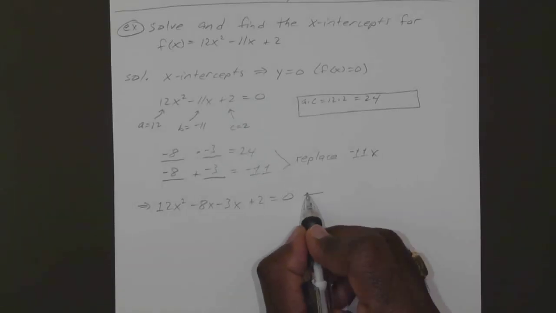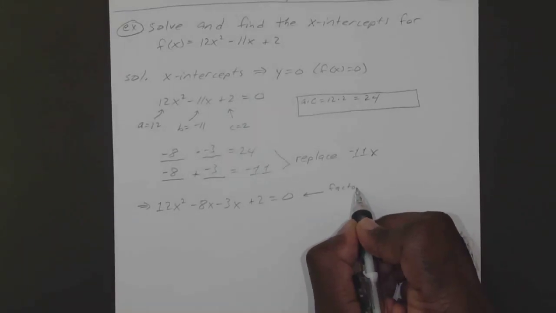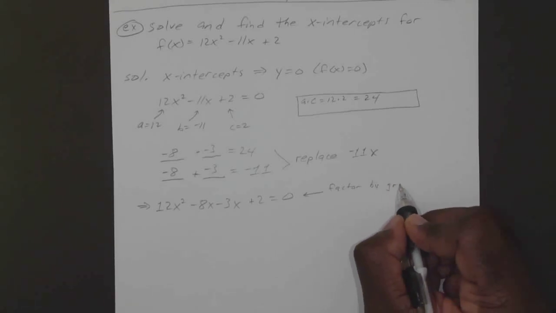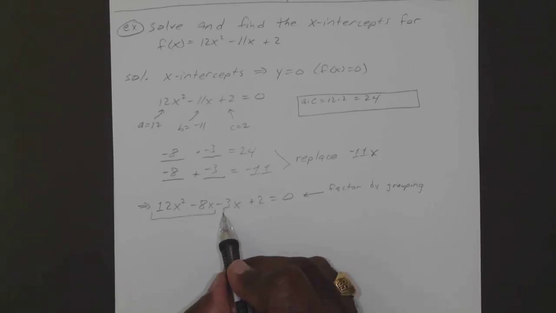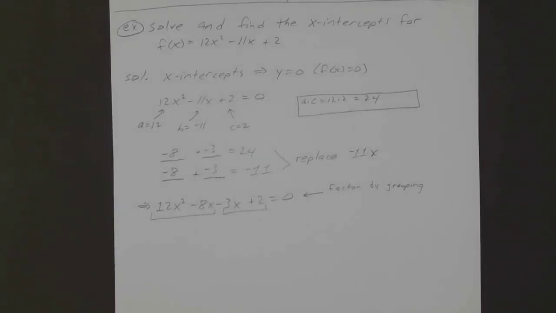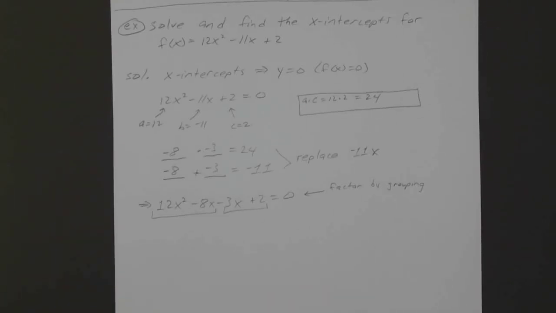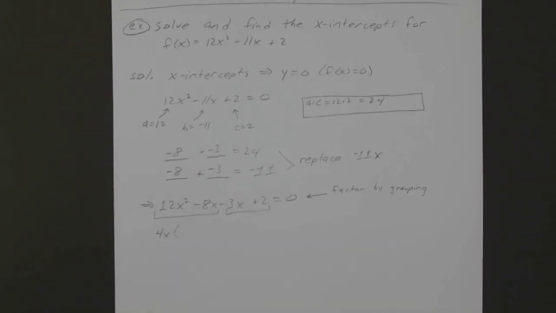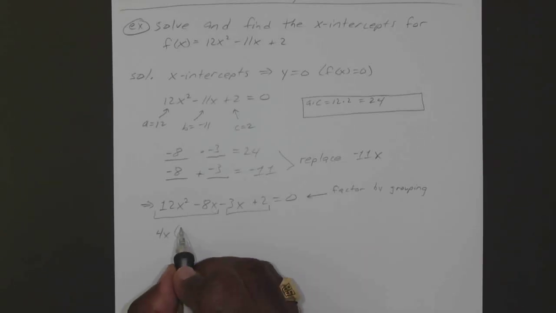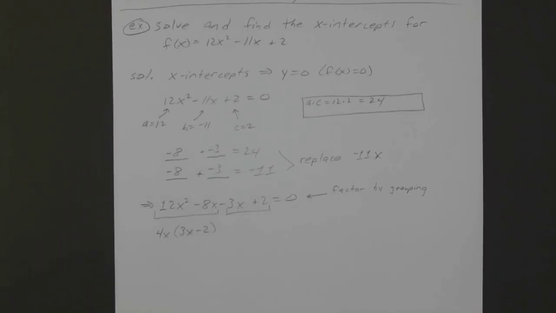Now we're going to do our factor by grouping, which means we take the 4 terms and make them 2 smaller terms. These 2 terms we can factor out a 4x, and that leaves us with 3x minus 2. If you want to double check your factoring, you can just distribute.